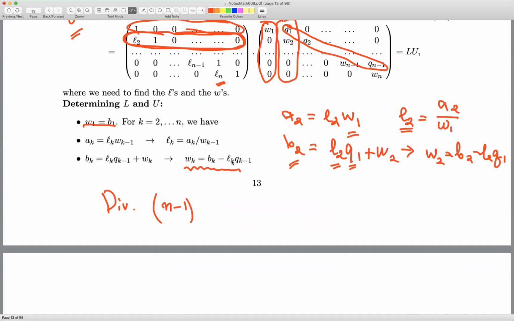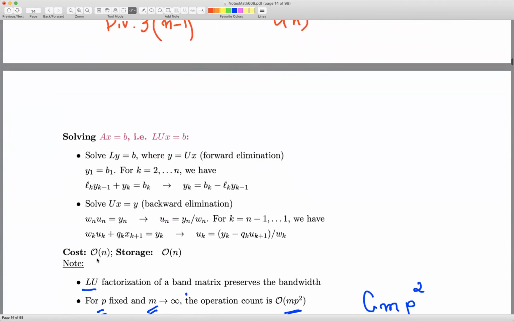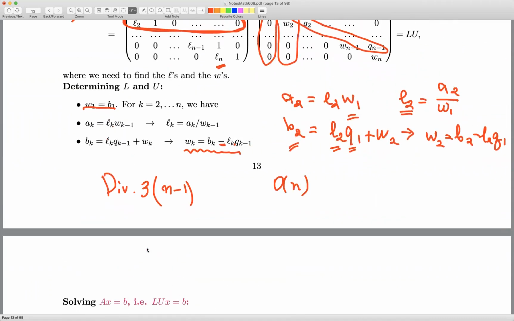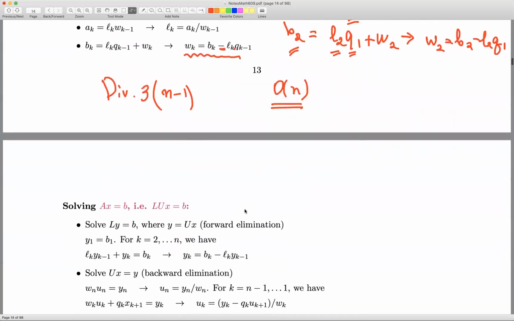We have one multiplication for every K, and we have one subtraction for every K. So we will have 3 times n minus 1, and therefore we will have a big O of n flops. The operation cost will be big O of n. So to do the LU factorization of a tri-diagonal matrix costs us as little as a big O of n, where n is the dimension of the matrix.